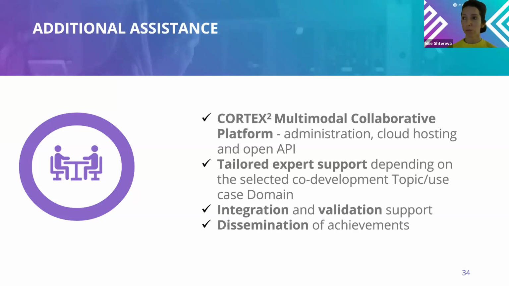Additional support will come from the CORTEX2 consortium, and additional experts will guide you through the process. Of course, integration and validation support, and last but not least, dissemination of activities. As mentioned by Eva, of course, this is expected to be done by you within the duration of your involvement, but of course, we're also going to support you through the partners and experts dealing with this within the CORTEX2 project.